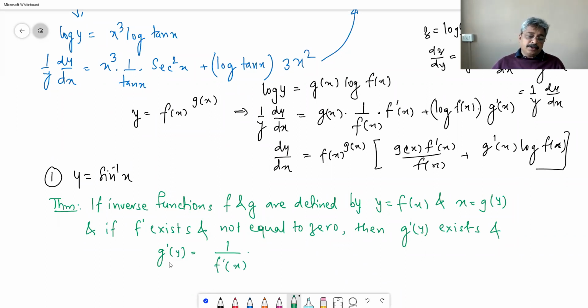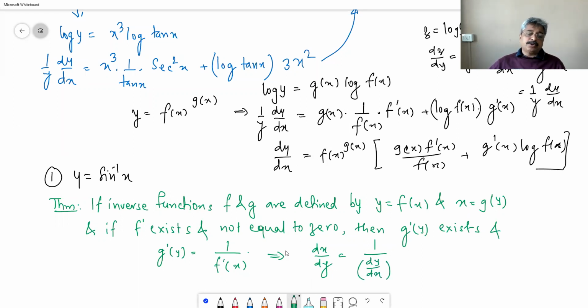So what we are trying to say by this is g dash of y is equal to 1 upon f dash of x. g dash of y is dx by dy, which is equal to 1 upon dy by dx.